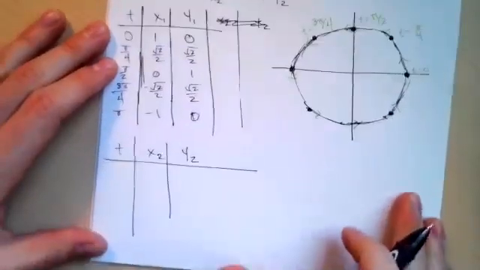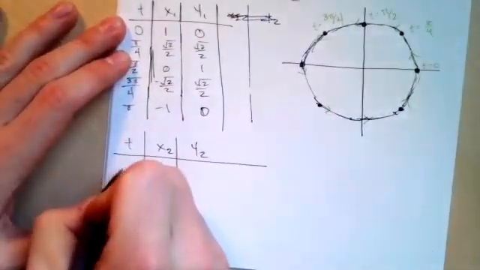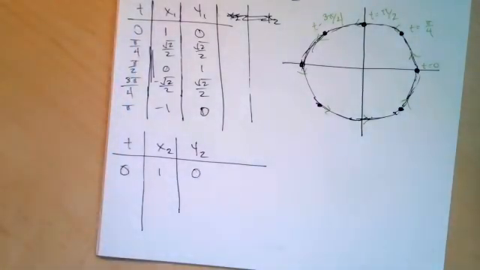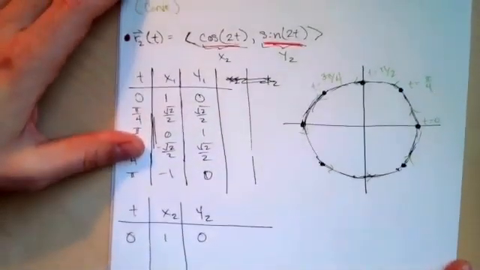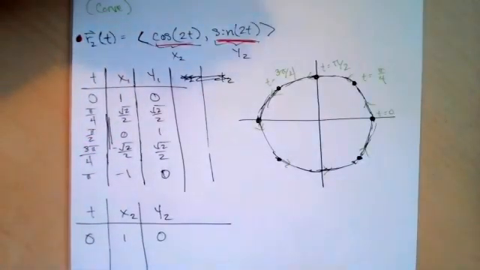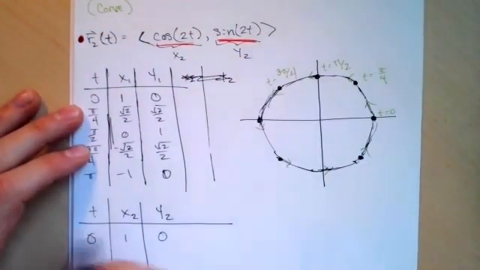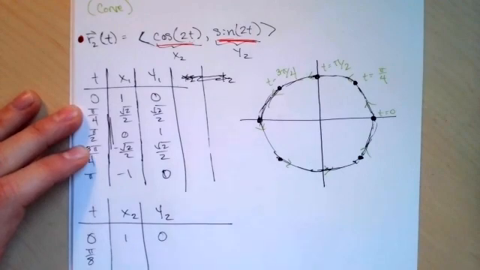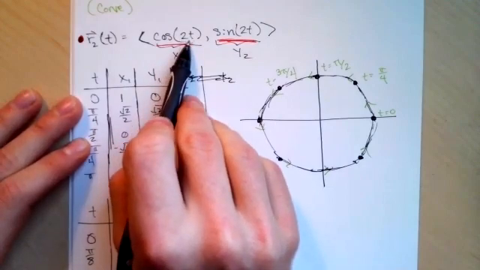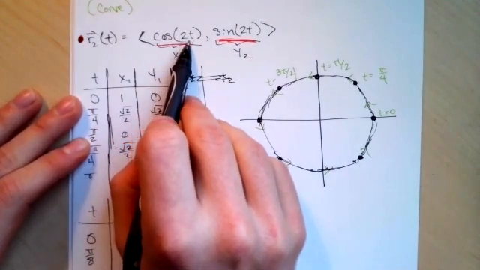And let's do some calculations. Since I'm multiplying the t by 2, 0 is not a bad one to start with, and we are starting at the same position. But now instead of pi over 4, let's do pi over 8 and then pi over 4. Because at pi over 8, when I put pi over 8 into cosine of 2t, cosine of 2 times pi over 8 gives me cosine of pi over 4.